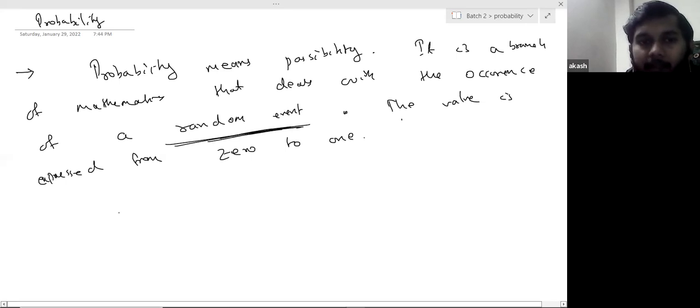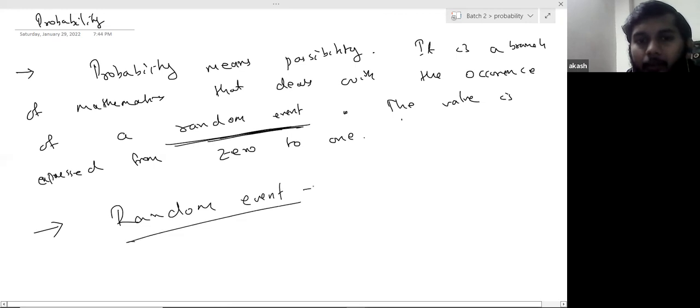Now, what is a random event? Any random event has to satisfy two conditions. First condition is there should be more than one outcome of that experiment. It doesn't have to be only one result; it has to have many results, right?